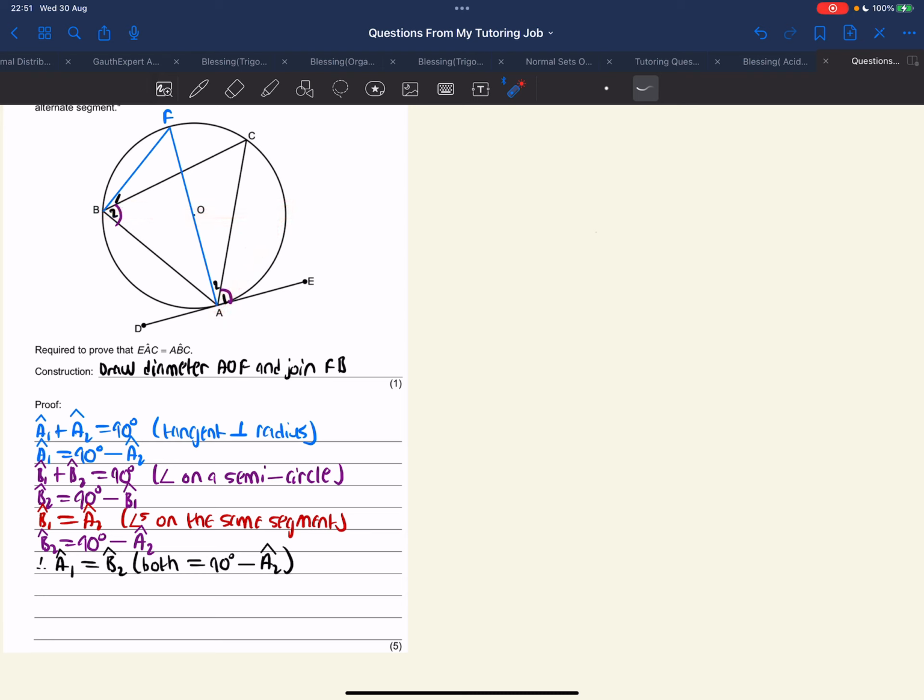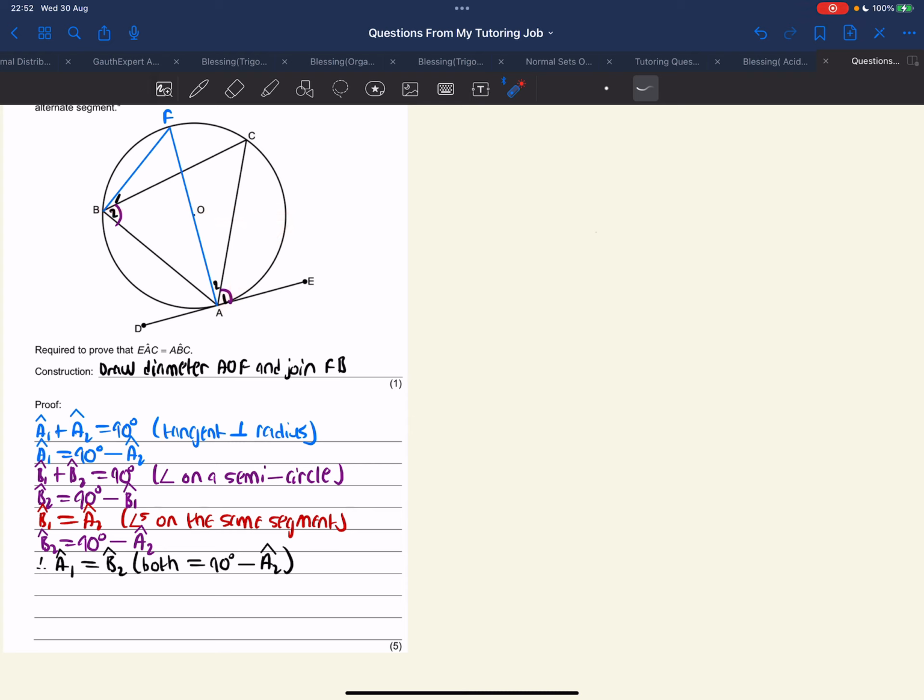And the other method that you could have done, you could have constructed line AO and OC. So there are actually many ways that you could have done it. You could have constructed line AO and line OC, or you could have constructed line BOF that way and then connected it this way.